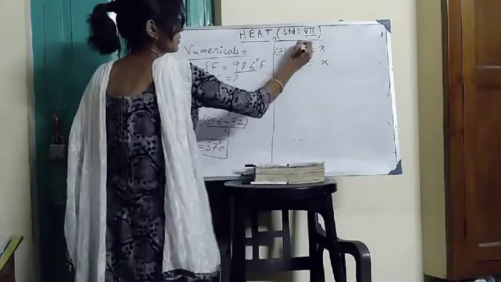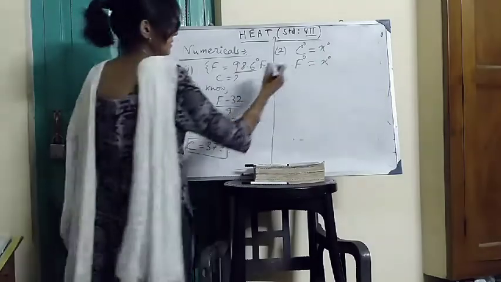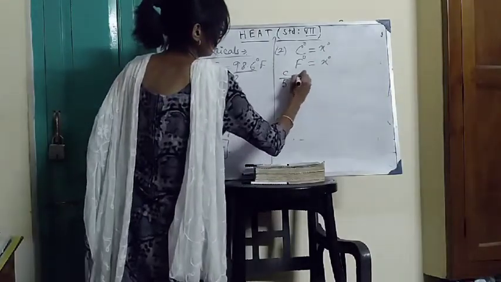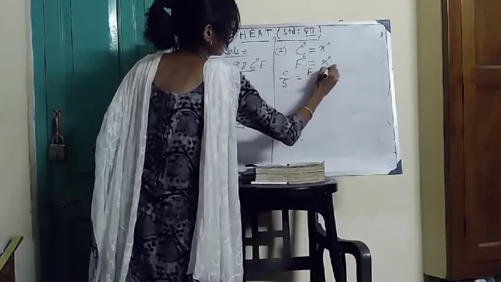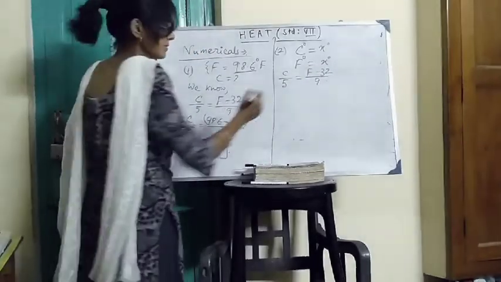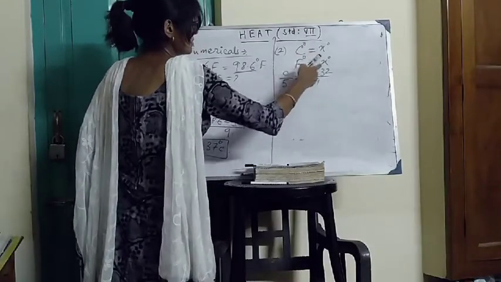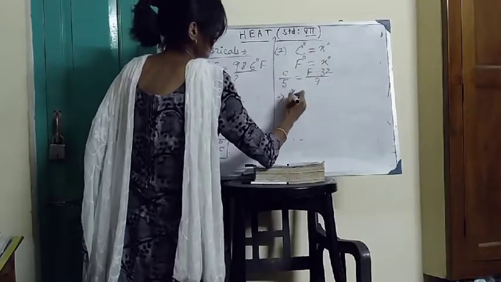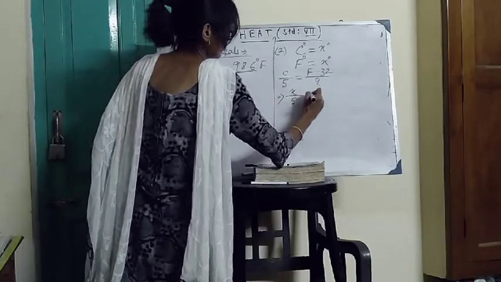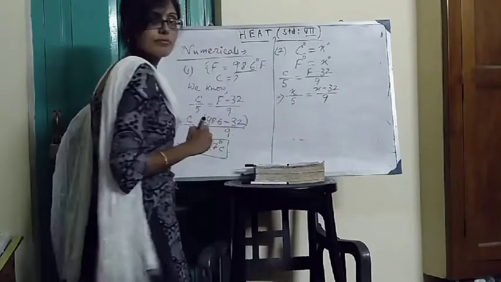Here, C by 5 is equal to F minus 32 by 9, which implies C is equal to x, F is equal to x. Put x by 5 is equal to x minus 32 by 9.